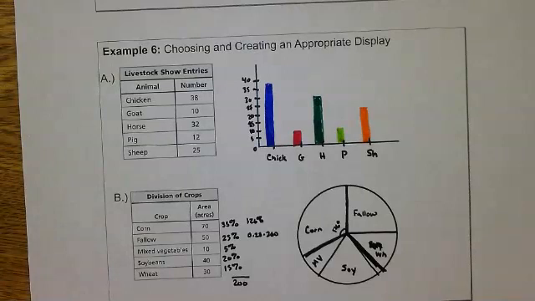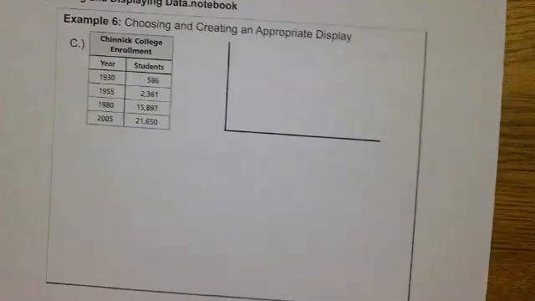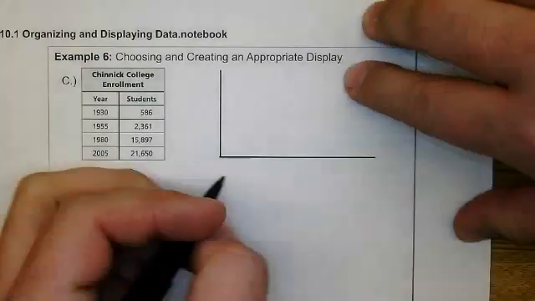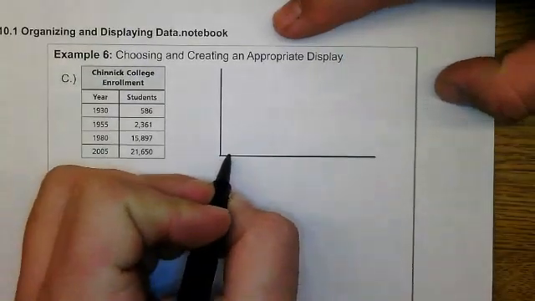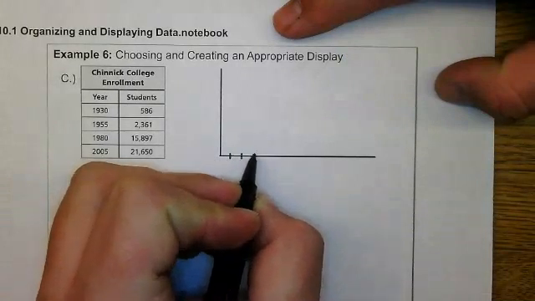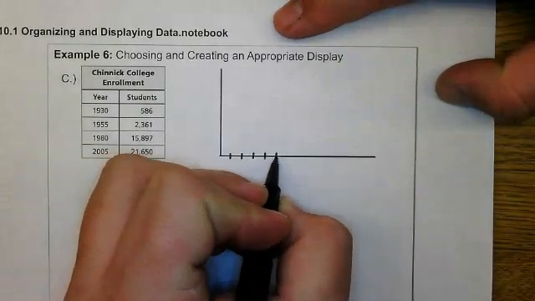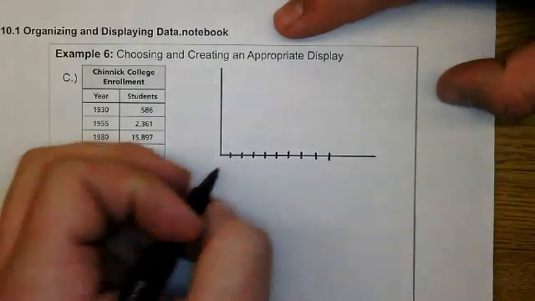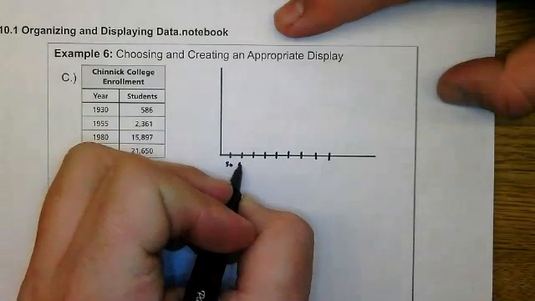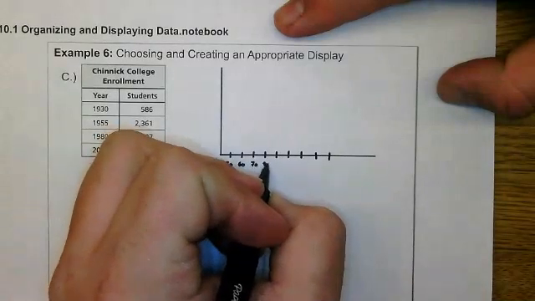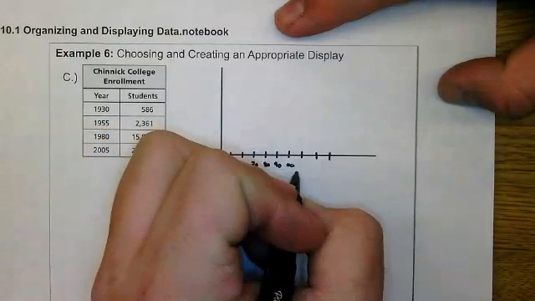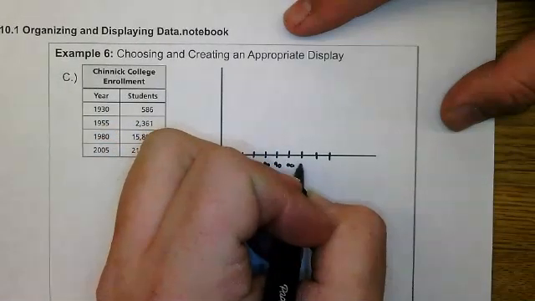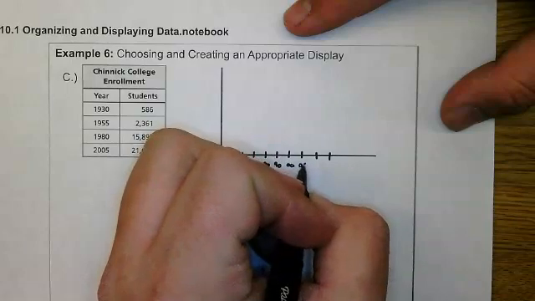The last one we talk about is a line graph. So here you have a bunch of years, and then so I could go 30, 40, 50, 60, 70, 80, 90. So 50, 60, 70, 80, 90, 2000, 2010.